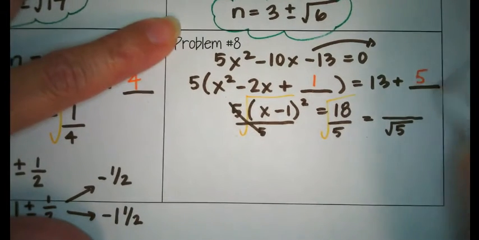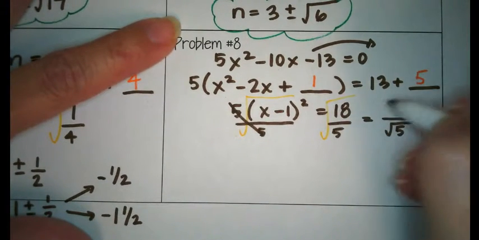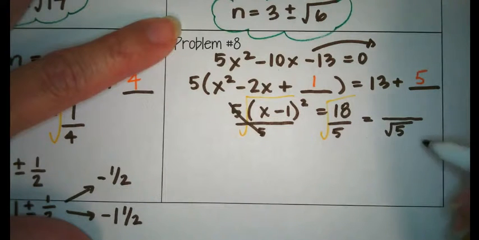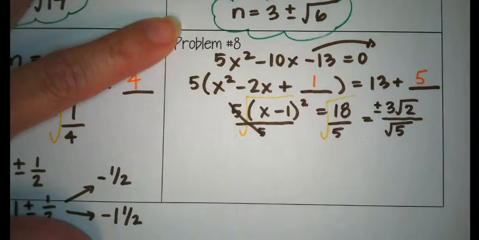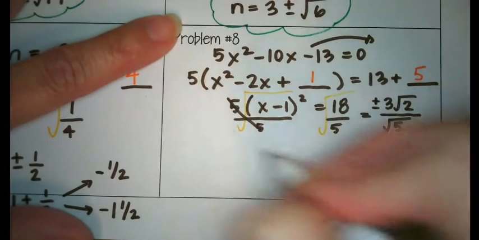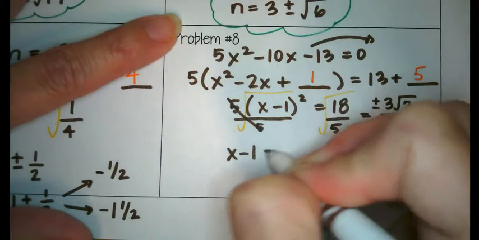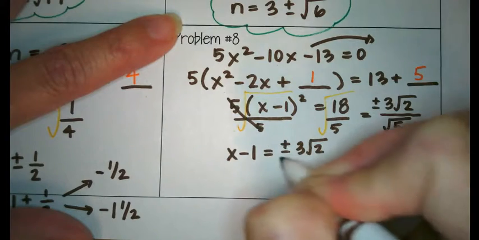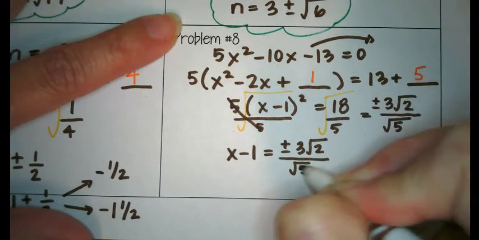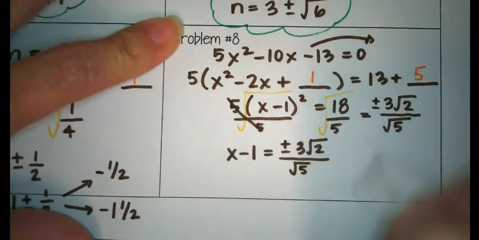It just so happens the square root of 18 would be 9 times 2. So that's going to end up being 3 square root of 2, and it's plus or minus. So now we have x minus 1 equals plus or minus 3 square root of 2 over square root of 5. And now I need to add the 1 over.